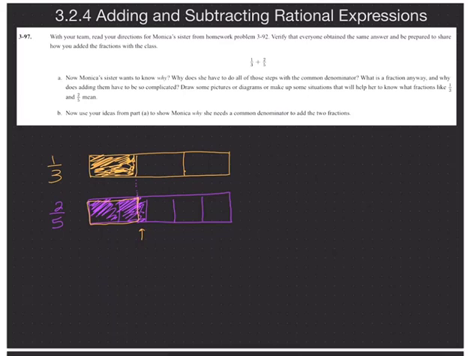And if I did this correctly, 1, 2, 3, 4, 5, 6, 7, 8, 9, 10, 11, 12, 13, 14, 15.